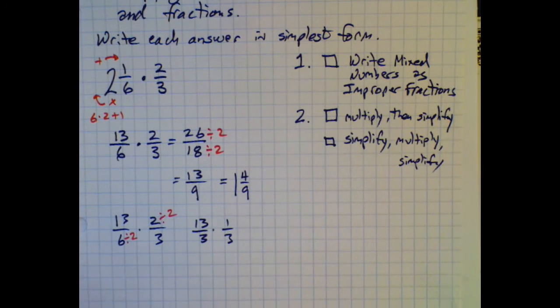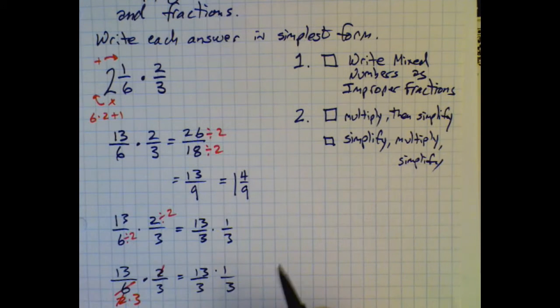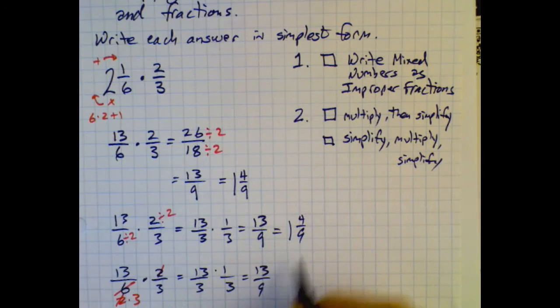The other way to consider it is to realize that 6 is the same thing as 2 times 3. And if I do that, then I see that the 2s cancel out. And that leaves me with 13 times 1 on top and 3 times 3 on the bottom. In either case, though, I still get 13 over 9, which we've shown up here is the same thing as 1 and 4/9.